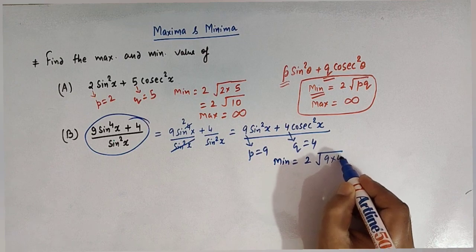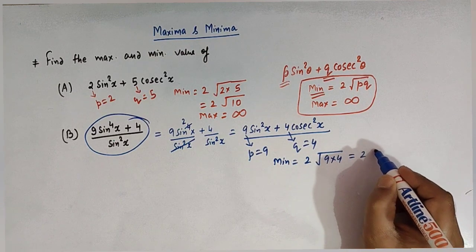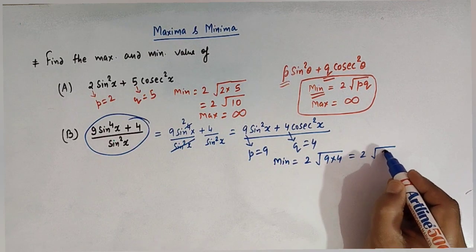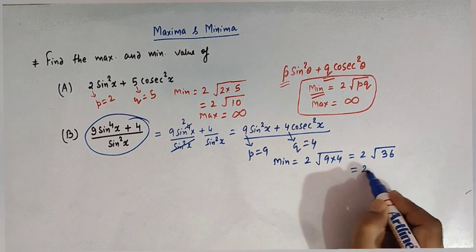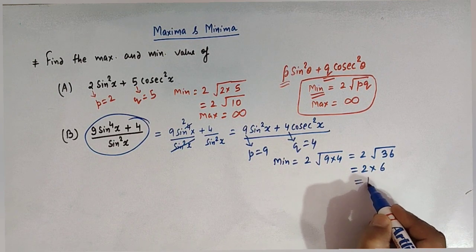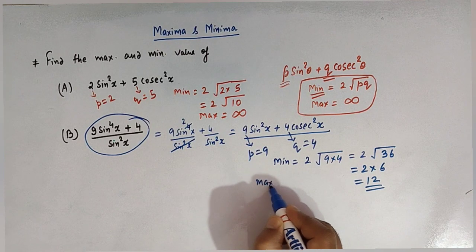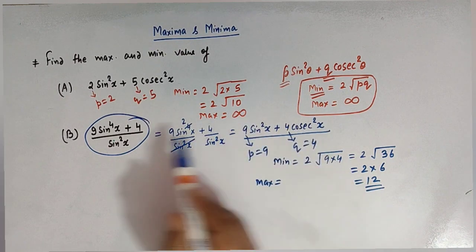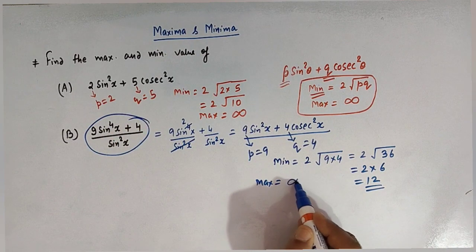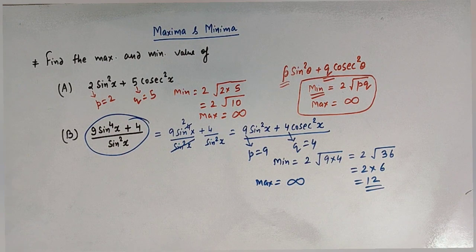So here we have 9 times 4, so this is 2 times square root of 36, so this is 2 times 6, so this is 12, right? And the maximum value of this expression can be directly written as infinity, right?